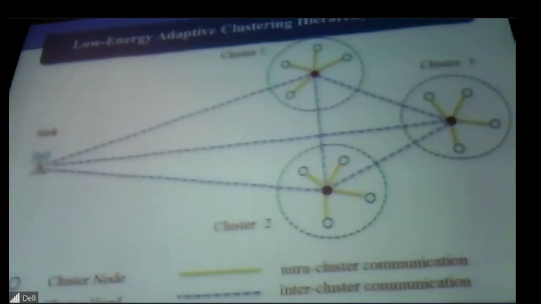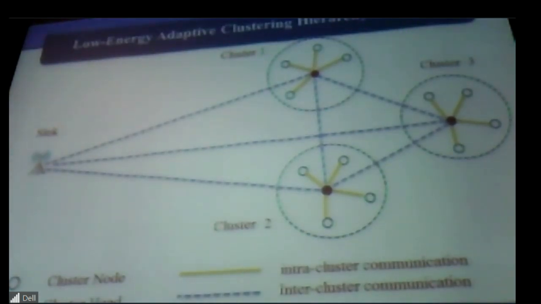As we see now, this is the base station, and here are the nodes. One of the nodes is elected as the cluster head. This cluster head will communicate with the base station, or sink.